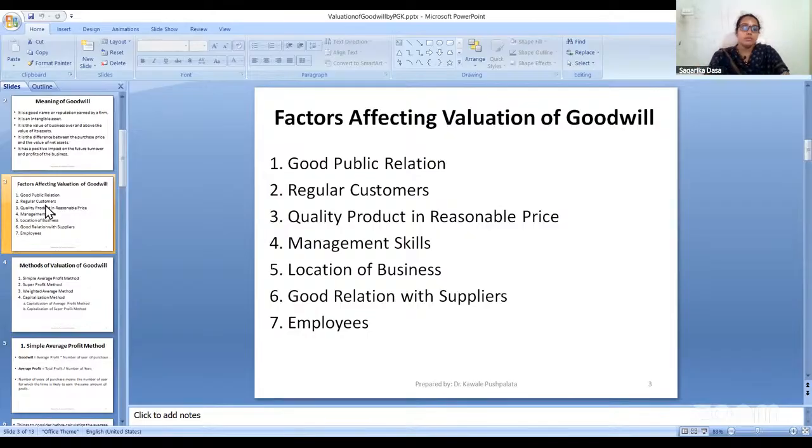Automatically the goodwill will be improved. So having a good relationship with the suppliers also has an impact on goodwill generation. Ultimately, it is the employees, the people inside the organization, because of whom the goodwill will also be created. These are the various factors which will affect the valuation of goodwill.